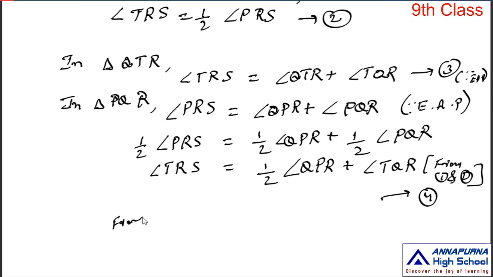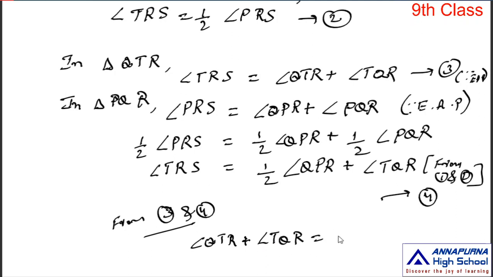From 3 and 4, angle QTR plus angle TQR is equal to half into angle QPR plus angle TQR.